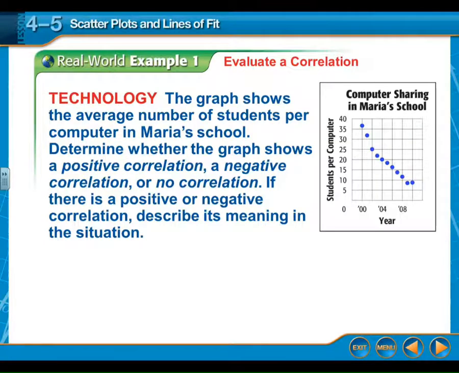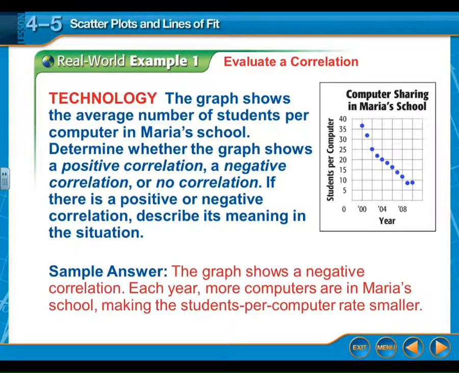Alright, evaluate a correlation. The graph shows the number of students per computer in Maria's school. Determine whether the graph shows a positive correlation, a negative correlation, or no correlation. If there's a positive or negative correlation, describe its meaning in the situation. Well, the graph shows a negative correlation.